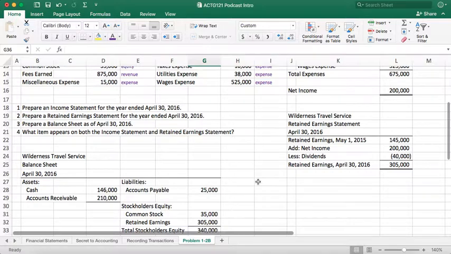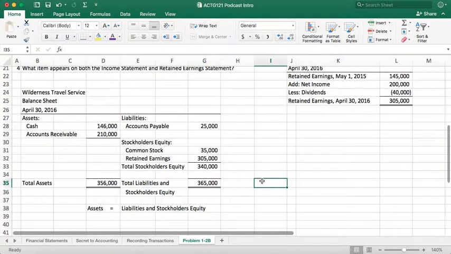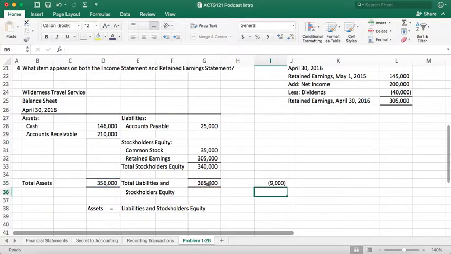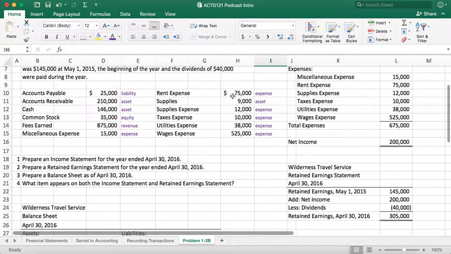Let's go back and check. How do we find the problem when it doesn't match? First, we take assets and subtract our liabilities and equity, and we realize the difference is $9,000. When we look for $9,000, we see, oh wow, I forgot this number right here.